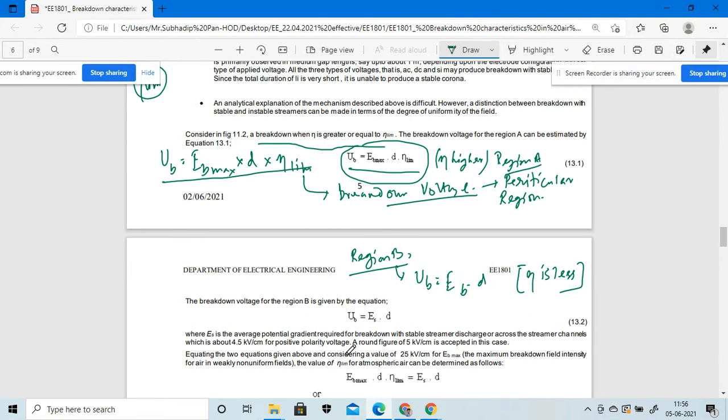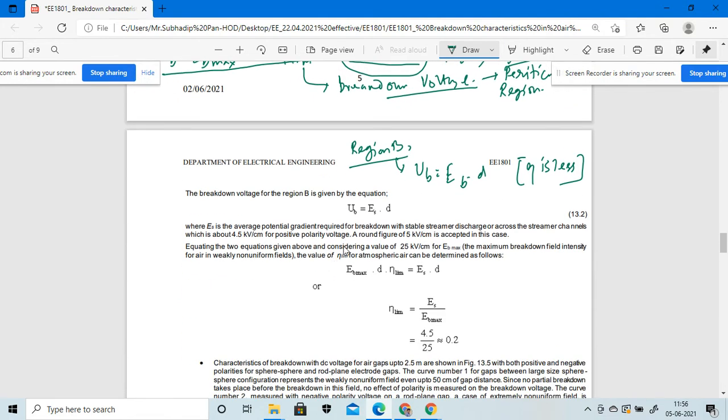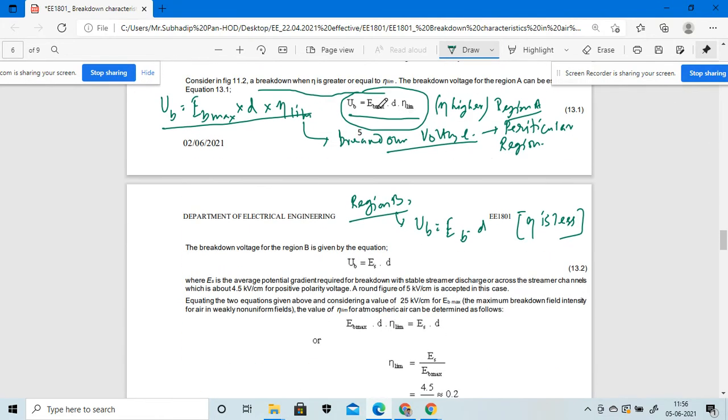So we can say that here we can also consider the E_b max.